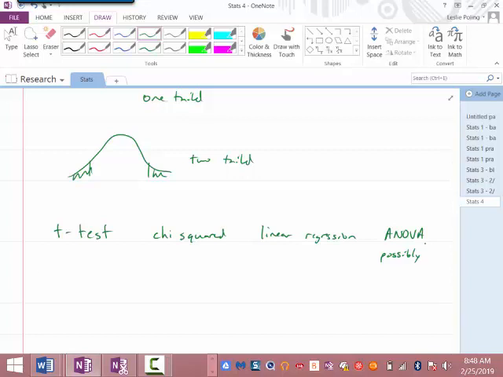Now, you don't know what those mean right now. I understand. Don't worry about it. But they're just different ways for us to test statistically whether your results are enough different that you can say it's because of your experiment.